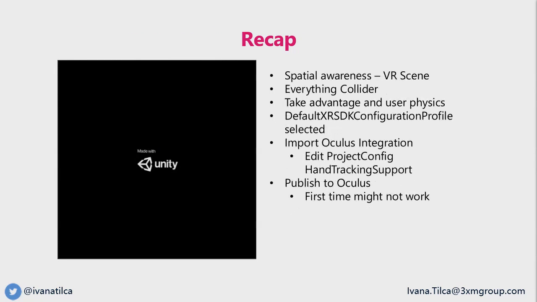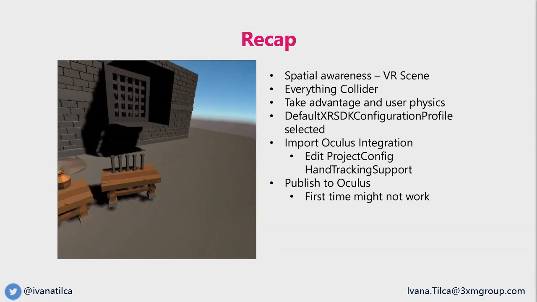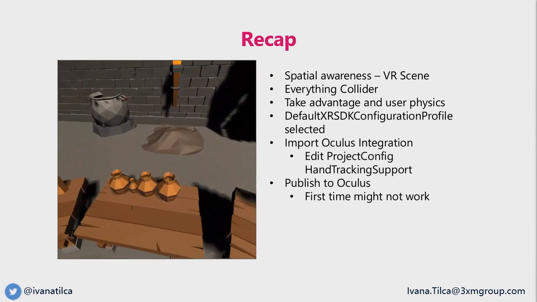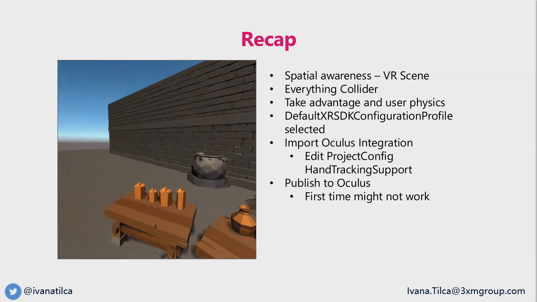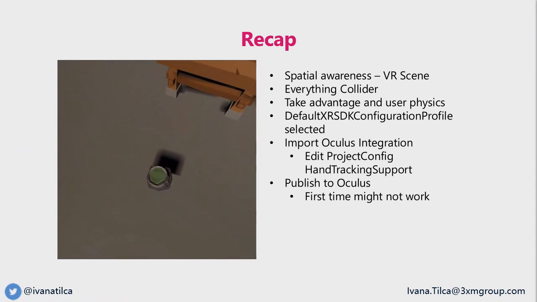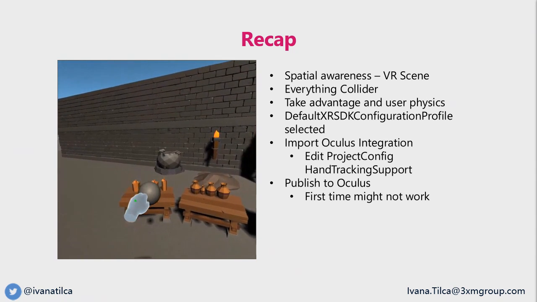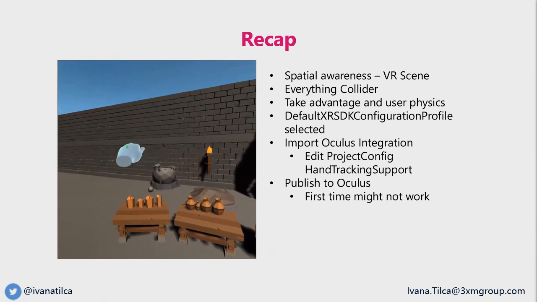And a quick recap. So the spatial awareness, remember that for Oculus is a VR scene. Remember that everything needs to have a collider, box collider, sphere collider. Remember you can take advantage of physics by using the rigid body. The other thing, remember that the profile we used for Oculus was the default XR SDK configuration profile.